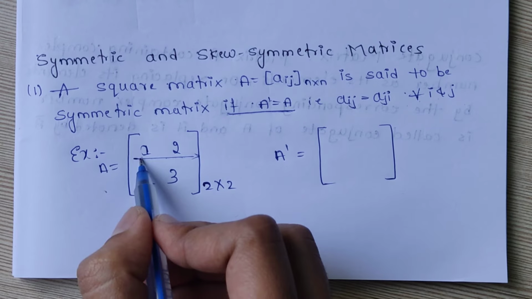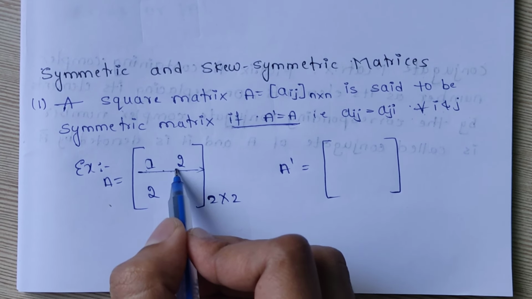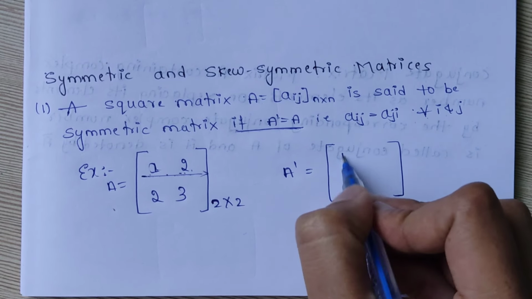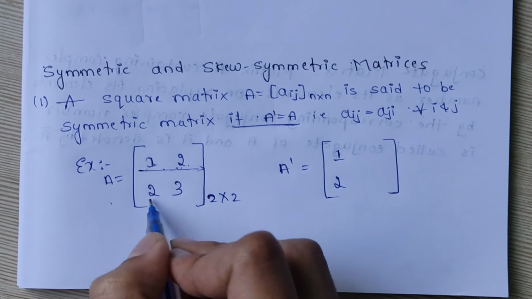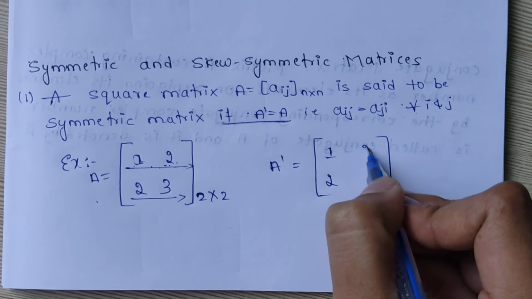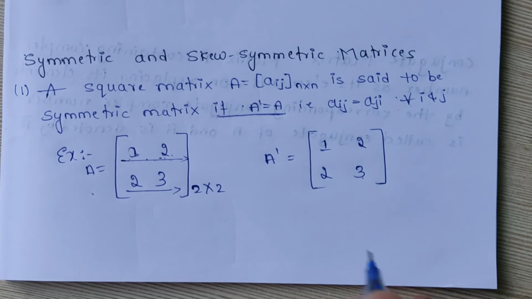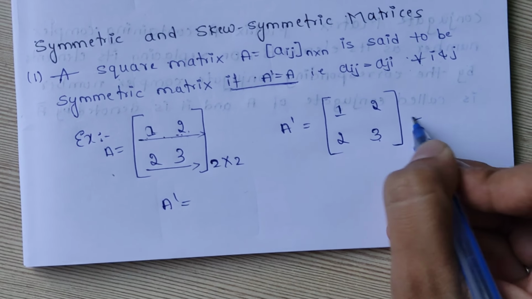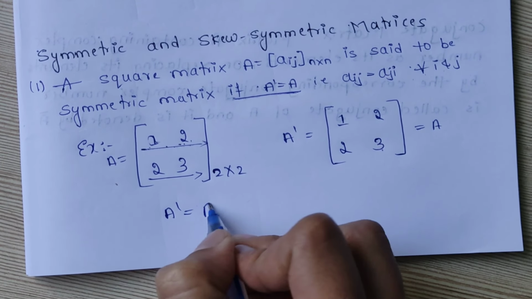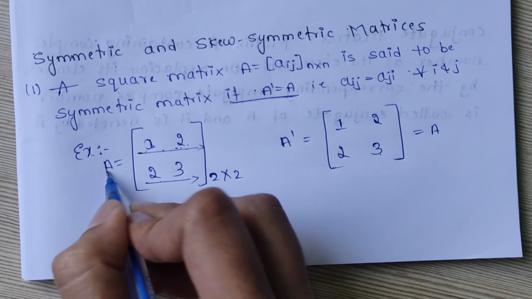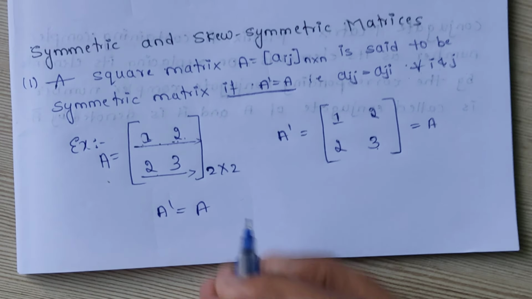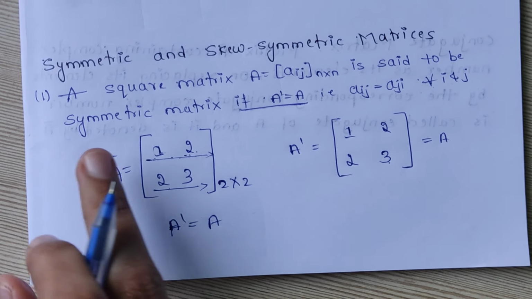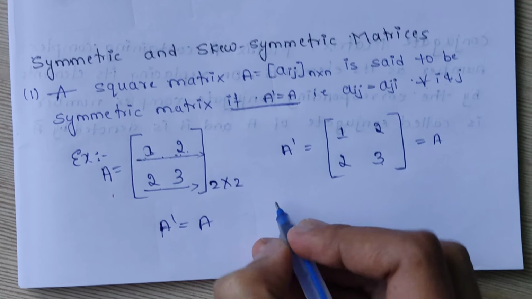By interchanging it to a column, what will we get? 1, 2 in the form of a column is again 1, 2. And then 2 and 3. So we can see here A dash equals, it is again A, right? The same as the matrix A. So that's why it is a symmetric matrix.